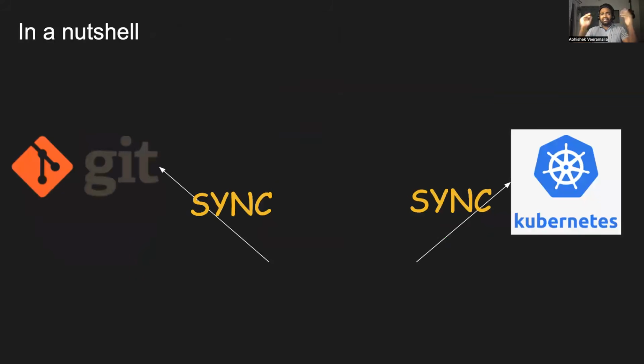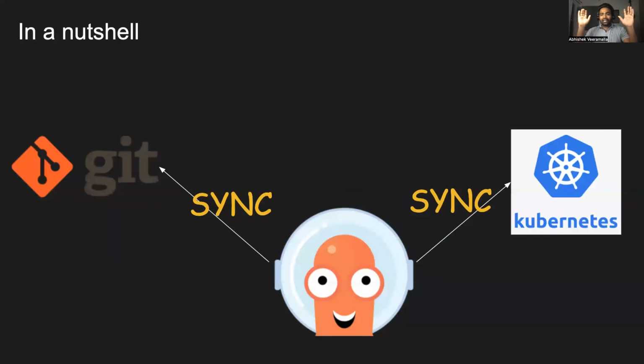So let's quickly try to understand this entire thing about a GitOps tool. Okay, so this first slide that I'm going to show you is, in a nutshell, if you want to understand GitOps, you can place the picture of any other GitOps tool instead of Argo CD. What it does on a high level is that it tries to maintain sync between your Git or your version control system.